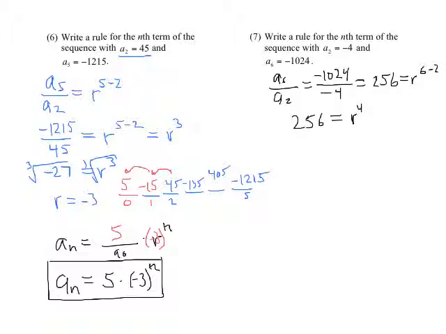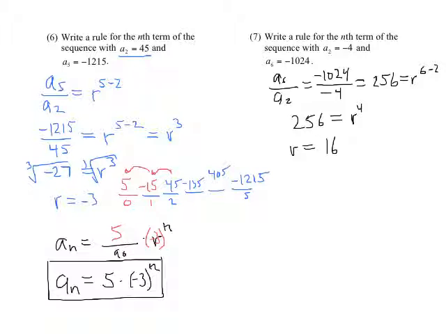And if you take the 4th root of 256, there are actually two possible answers, two possible ratios, two different sequences that we could write for this. Those two would be the positive 4th root of 256.